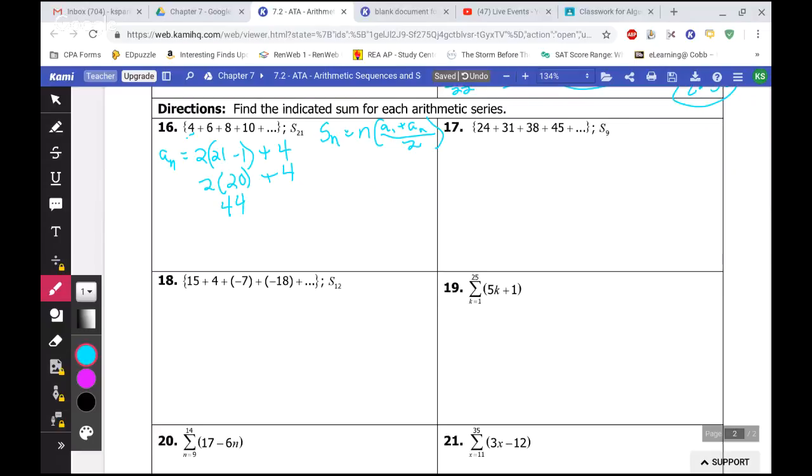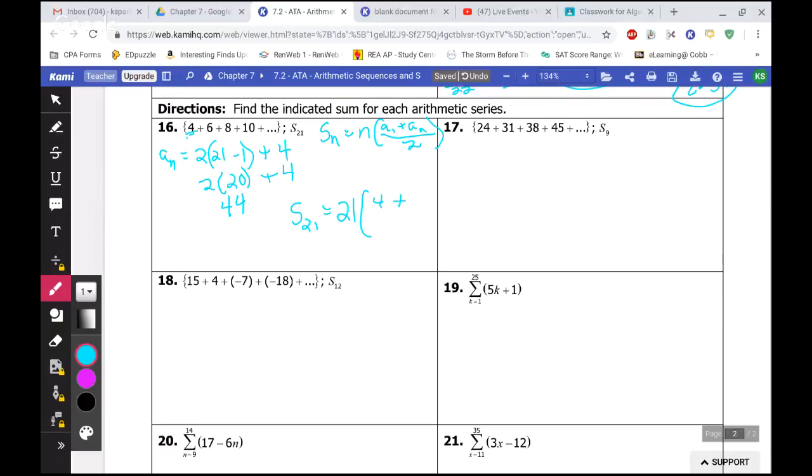So now we have that last value that we needed. So the n is the number in the sequence, which is 21, the number of terms in the series. And then the first value is 4.